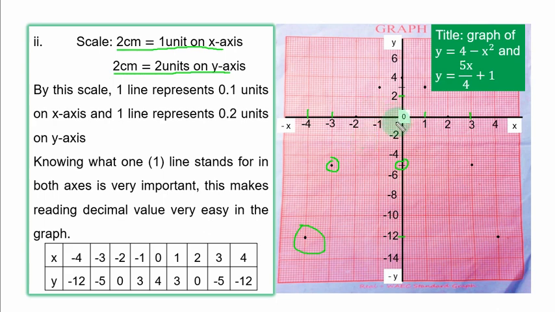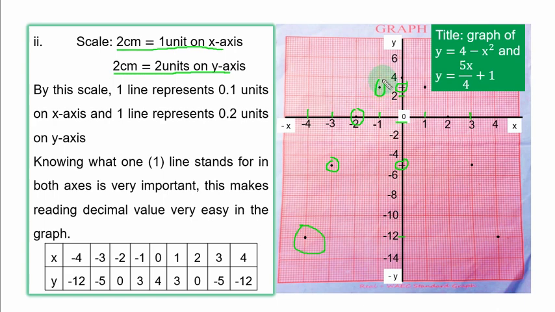When y is 0 here, s is -2. You plot it directly on the s-axis. When s is -1, y is 3. This -1, 3 is between 2 and 4. Somewhere here is where you have 3, and this is a point of intersection.